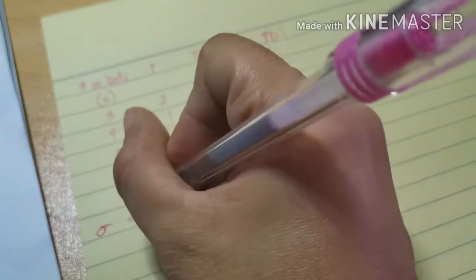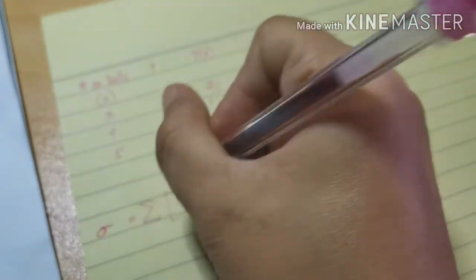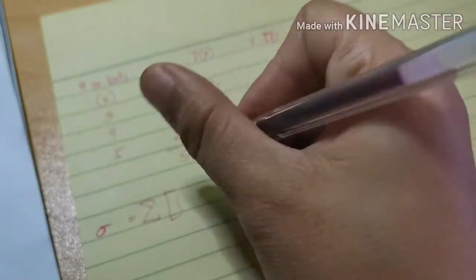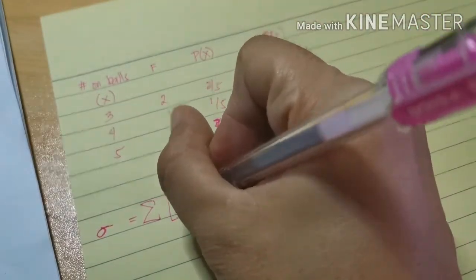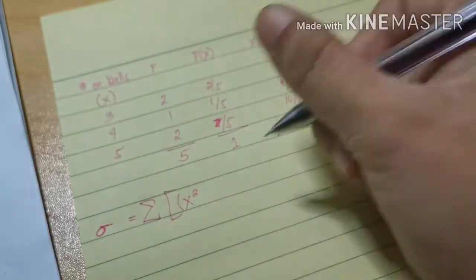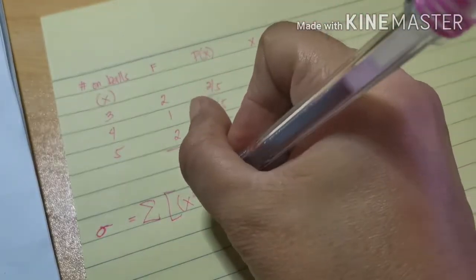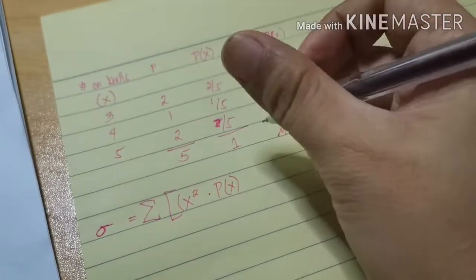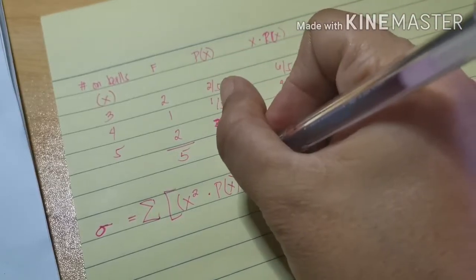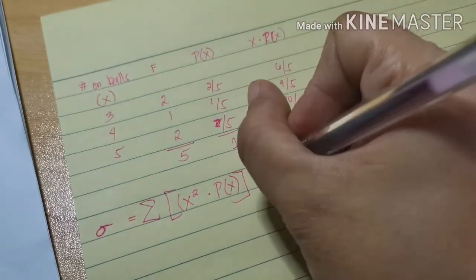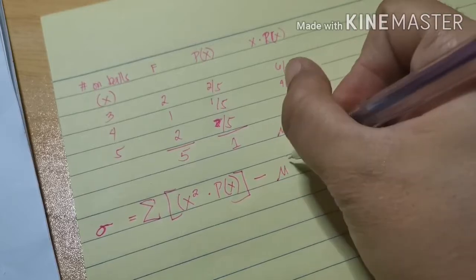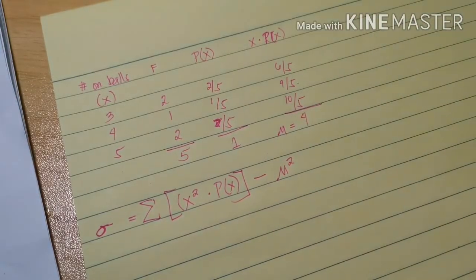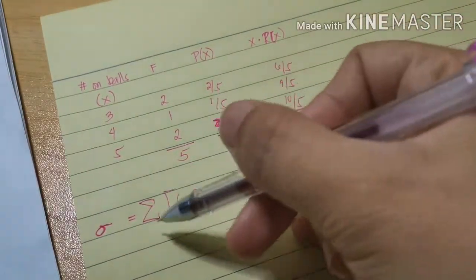Okay, small letter sigma equals the summation of the x squared, okay, multiplied by its probability, and then we are going to subtract from there the square of our mean. So we are going to use this formula.